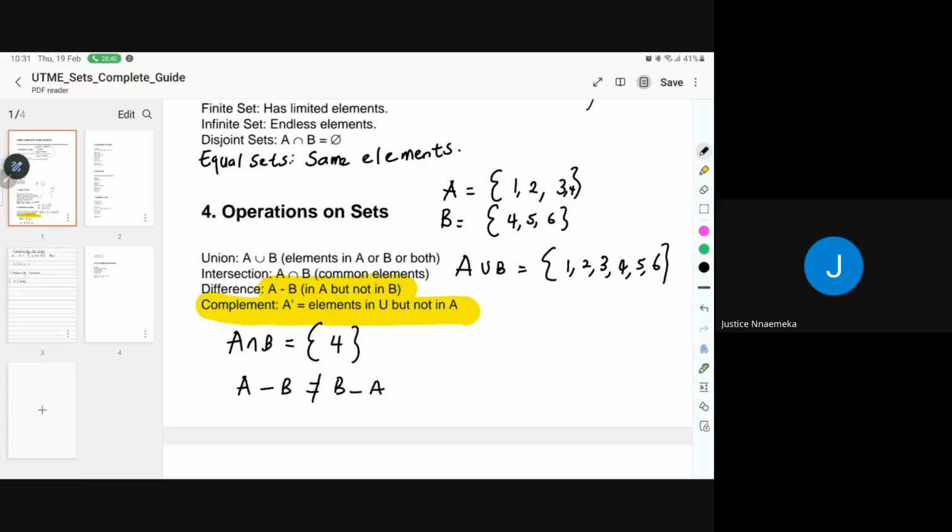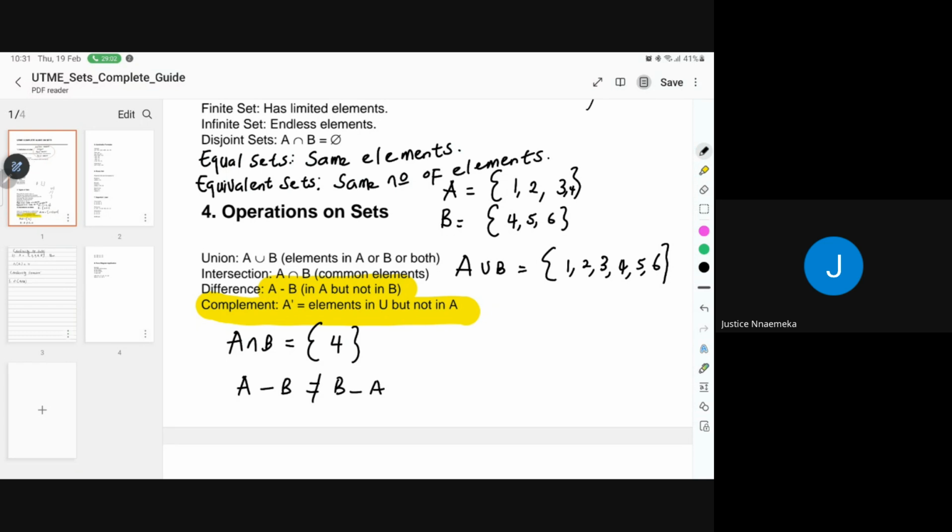Then we have equivalent sets. They are equivalent if they have the same number of elements. Equivalent sets, same number of elements. These are key things I forgot.